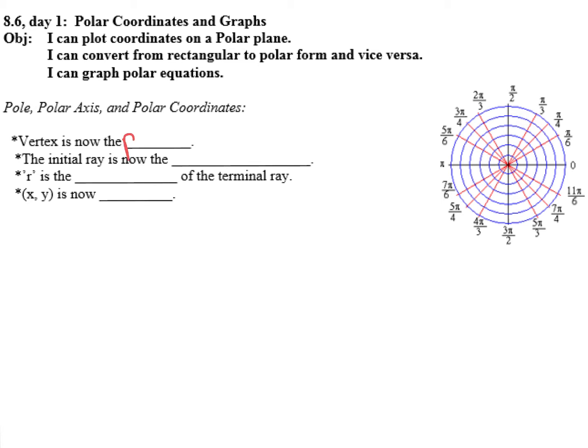So you can see over on the graph on the right, not exactly what you would expect when you say, okay, we're going to plot some points, right? Here's kind of how it works. The vertex right here is what you would call your pole, okay?